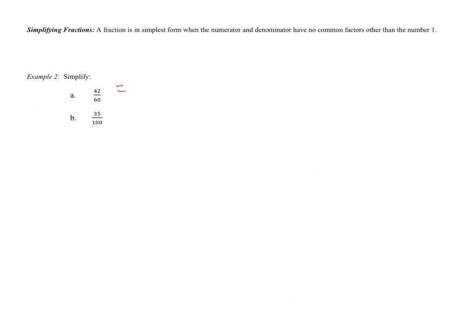So what do I mean by the largest common factor? The GCF, the greatest common factor of 42 and 60, is 6. So if I rewrite the numerator as 6 times 7, which is 42, and the denominator is 6 times 10, 6 times 10 is 60, then we can rewrite this as 6 over 6 times 7 over 10, which is 1 times 7 over 10, which is equal to 7/10.